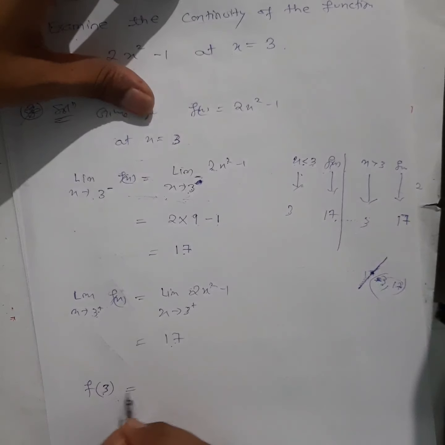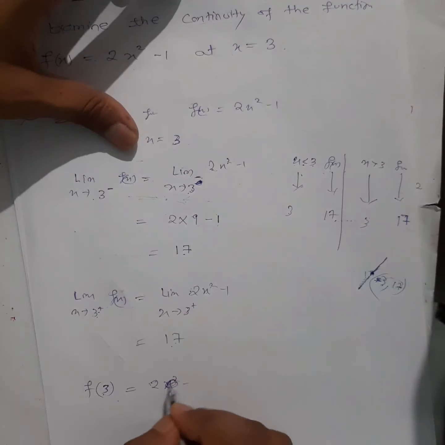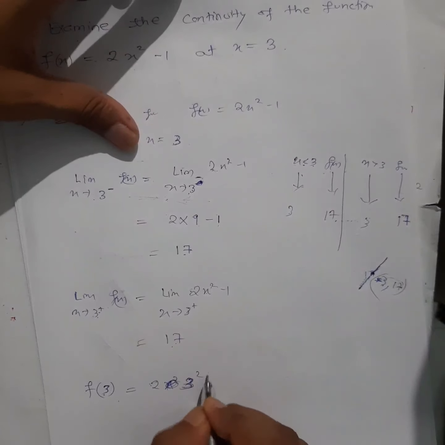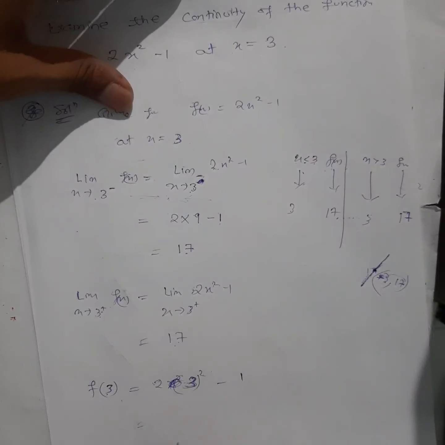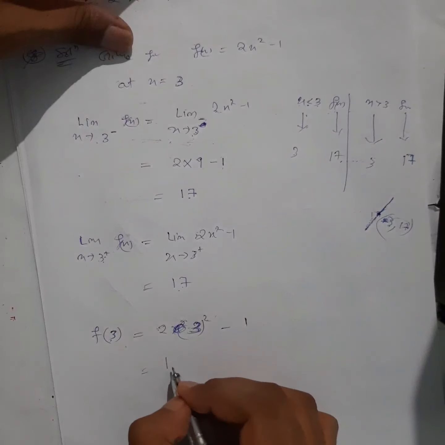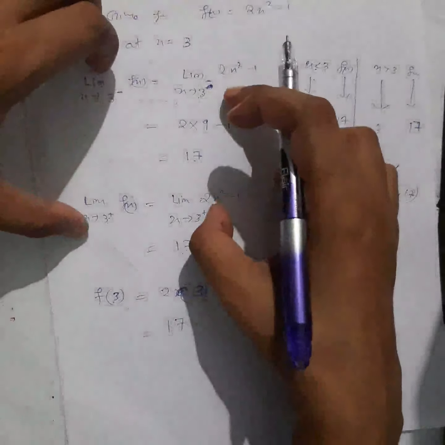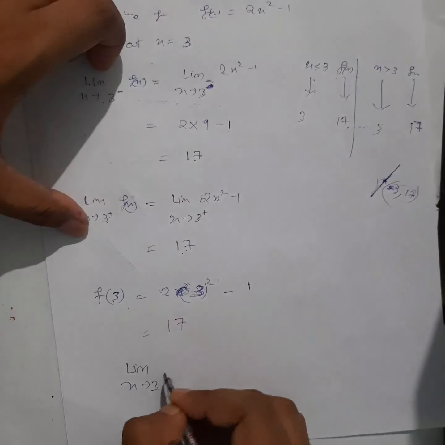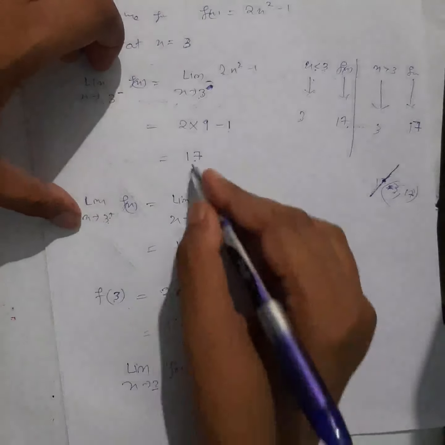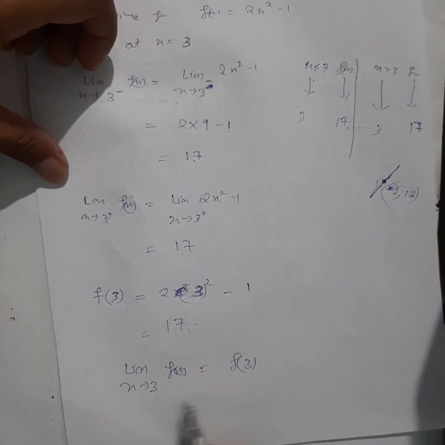When your x is 3, what will your y be? It must be 17. So 2x² − 1, in place of x I will simply write 3 squared minus 1. So how much will it be? 3 squared is 9, into 2 is 18, minus 1 is 17. So you can see, since the left hand limit and right hand limit are the same, I can write limit x tends to 3 of f(x), and it is equal to f(3).